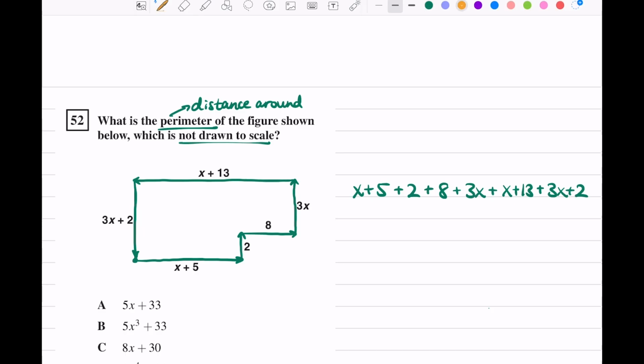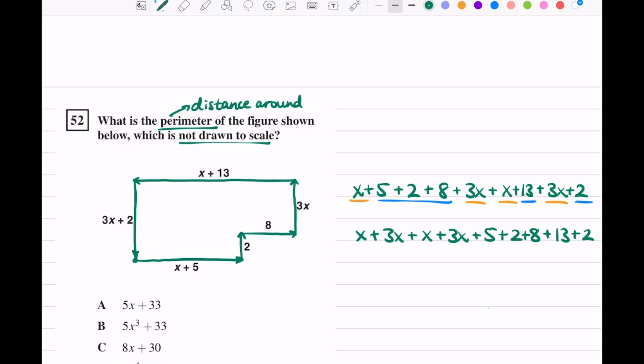Now we need to simplify this. We have a number of x's, so let's group those together, and then we'll group our constants separately. So we have x plus 3x plus x plus 3x. And then our constants are in blue here. We have 5 plus 2 plus 8 plus 13 plus 2.